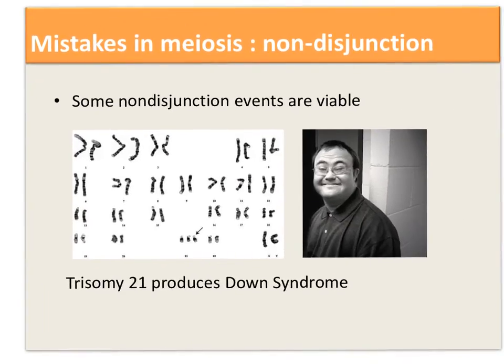Mistakes in meiosis, here we are. Non-disjunction, of course. Events are viable in some cases. So like trisomy 21 produces Down syndrome. In terms of being expressed and how much it might disable the individual, it varies. There's some very high-functioning Down syndrome people. They all have a certain kind of face that you can easily recognize.